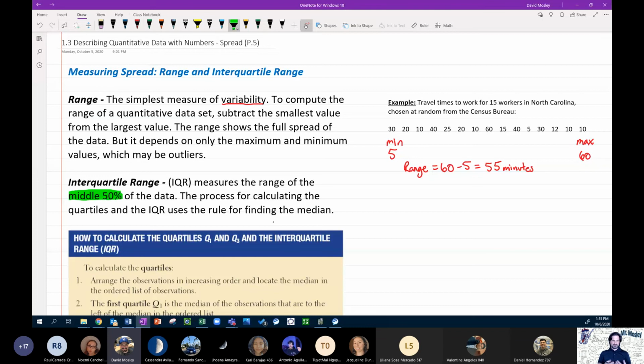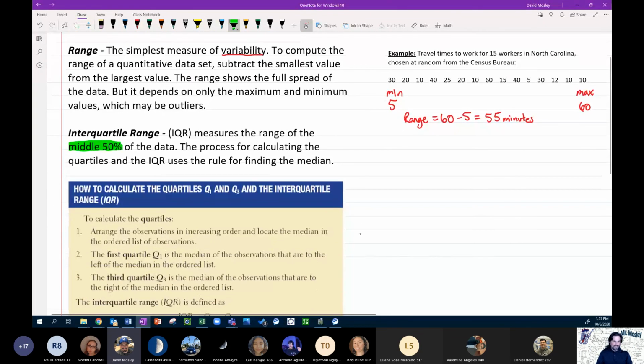So when we're finding quartiles so that we can find the IQR, we use the same strategy as before where we find the middle, except we're finding the middle, then the middle of the bottom half and the middle of the top half of our data. We'll look at our example again and go through our steps.